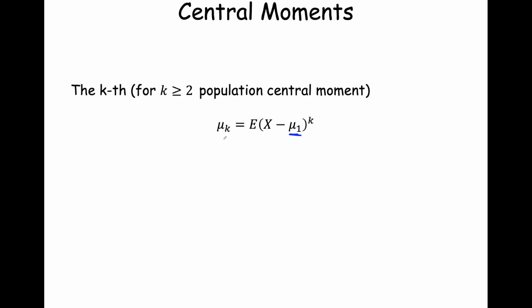So this mu sub k, where k can equal 1, k can equal 2, and so forth, is just the expectation of each measurement minus the center, mu sub 1, all raised to the k power. So you take this quantity, raise it to the k power, and then you take the expectation. Okay, and that's mu sub k.